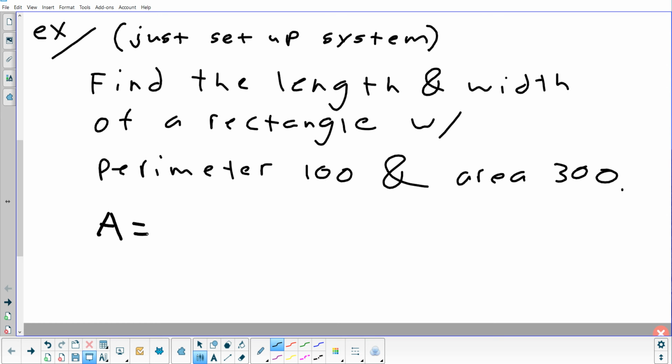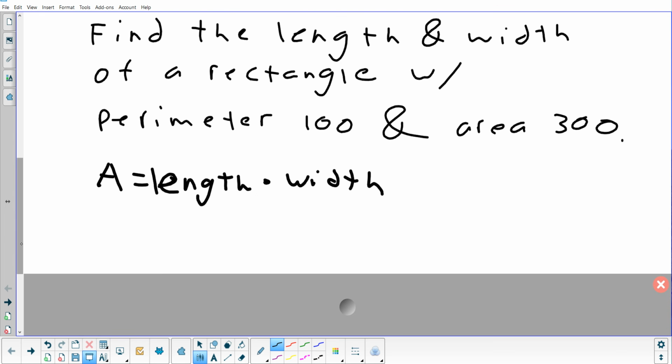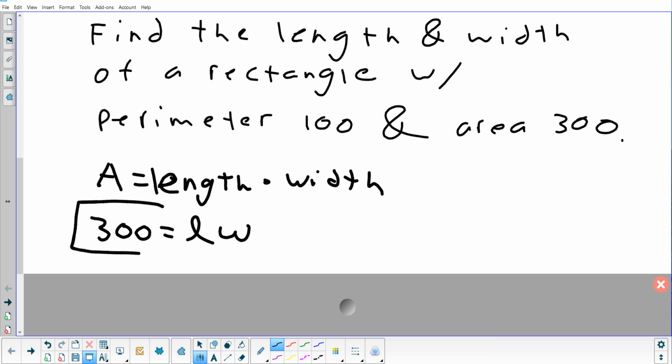So area equals length times width. How are we going to represent the area in this equation? Plug in 300. We know the area. So 300 equals, how are we representing length? L. And how are we representing width? W. So there is equation number 1.